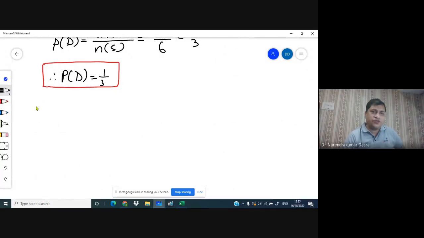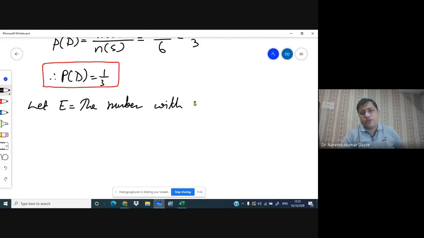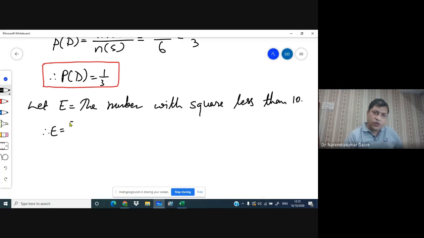So let E be the event: the number with square less than 10. And hence, what will be the sample points in the event? You have to choose a number whose square should be less than 10. What are the numbers in this list whose square will be less than 10?